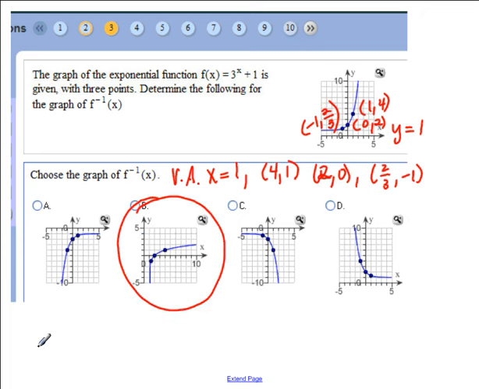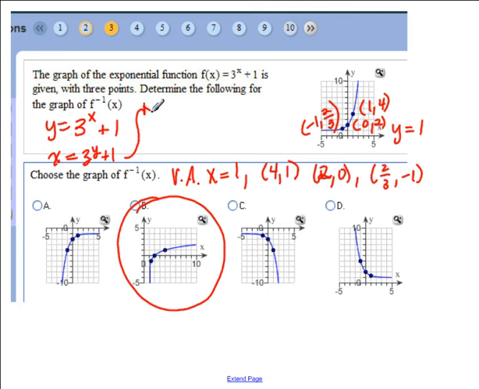Now, do you remember how to find the equation of the inverse function, if we needed to? Let's just review that for a minute. Remember that y is equal to 3 to the x plus 1, and then we would have to interchange our x and our y to get x equals 3 to the y plus 1.